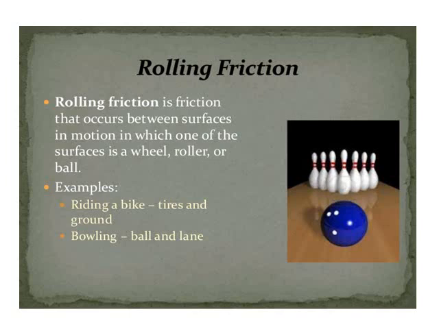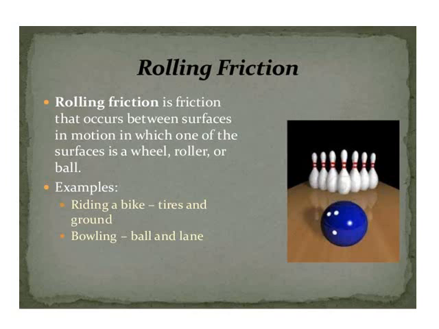Once all these pins fall, that is the winner of the game. People enjoy this game, and the physics behind it is that you are rolling the ball on a smoother surface.